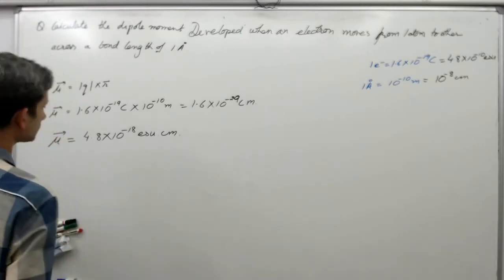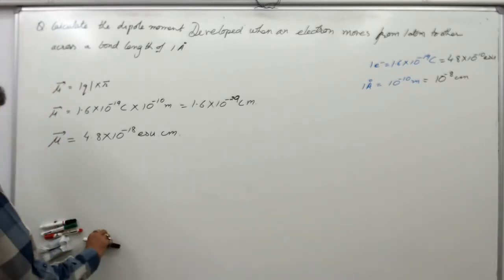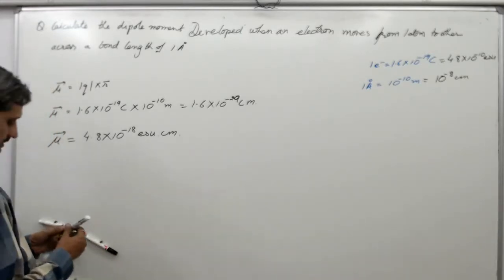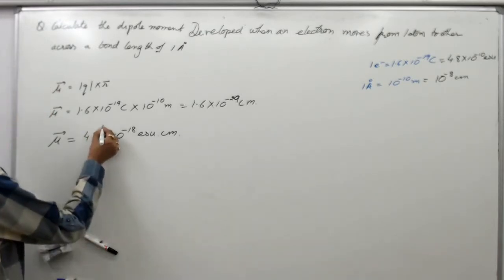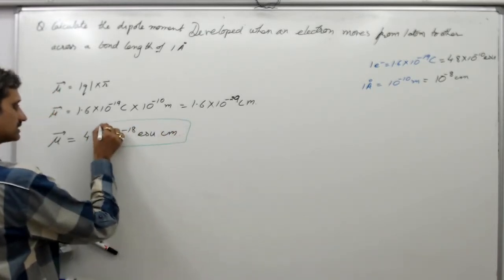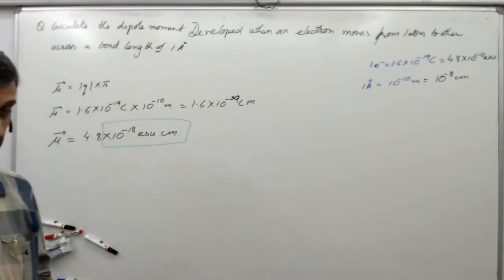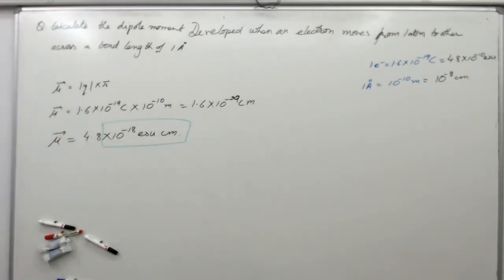Now what they found is that this 10 raised to power minus 18 ESU centimeter will always be included in dipole moment measurement.